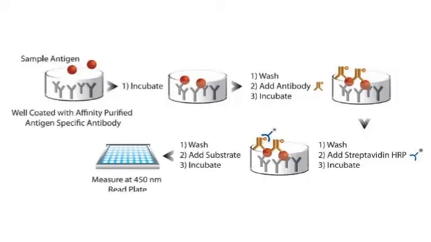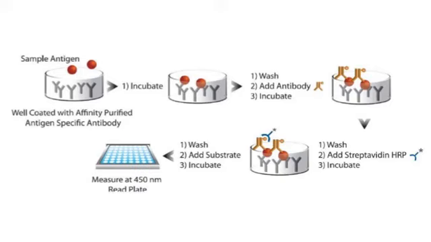In this schematic diagram, we are showing that the walls of the plate can be coated with antibodies. As you see, these Y-shaped proteins are antibodies coated on the walls of the plate. First, they are incubated overnight or 1 hour, depending on the protocol we follow.